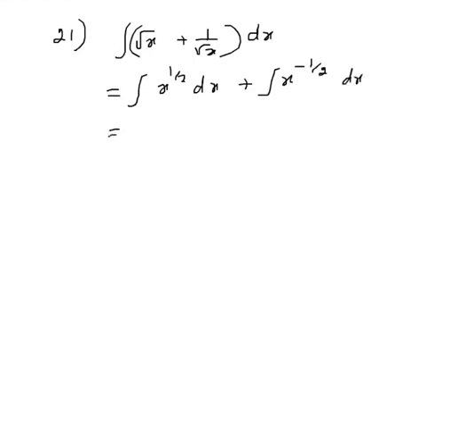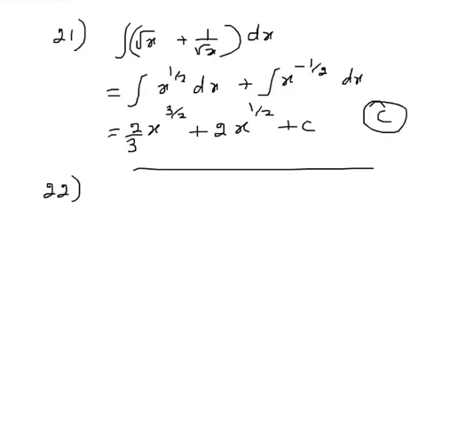Let's use the x power n plus 1 by n plus 1 formula. Half plus 1 is 3 by 2 divided by 3 by 2, which becomes into 2 by 3, plus x power minus half plus 1 divided by half will become into 2, plus the constant of integration c. The correct option is C.